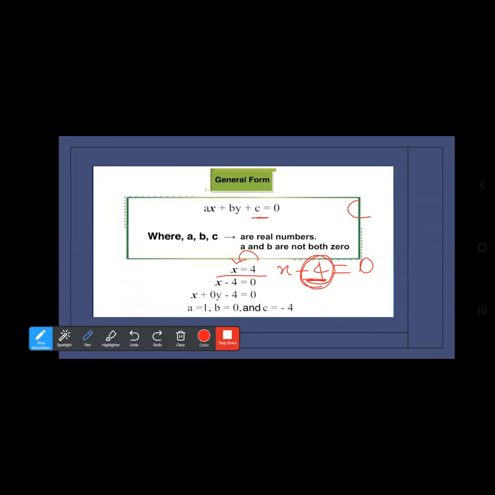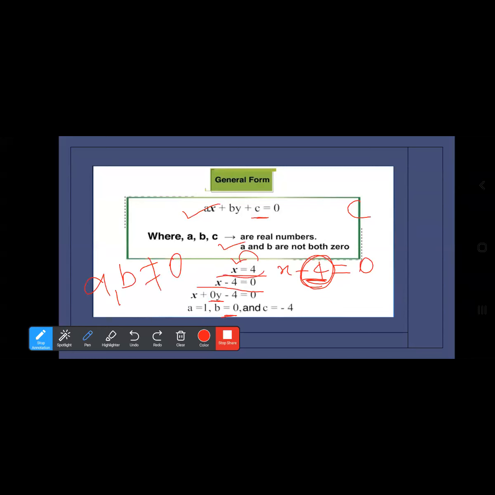If I write x minus 4 in the general form, it will be x plus 0y minus 4 equals 0. Here you can see that the value for b is 0, and in our general form the values for a and b should not be 0.